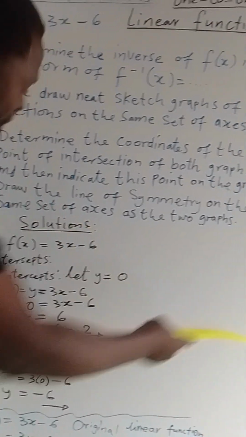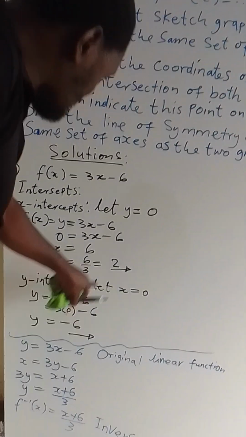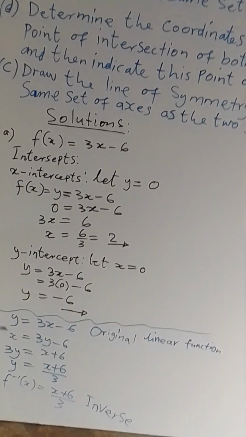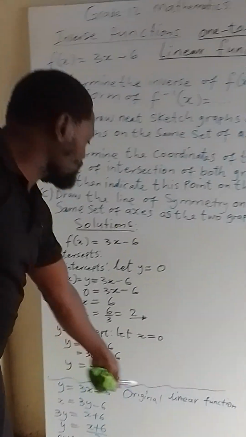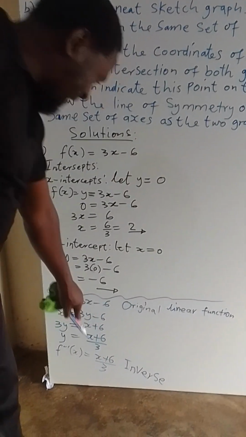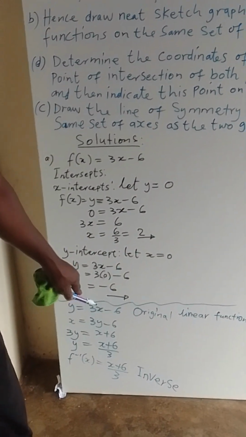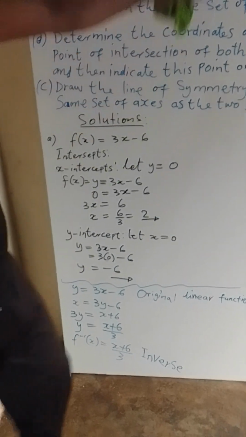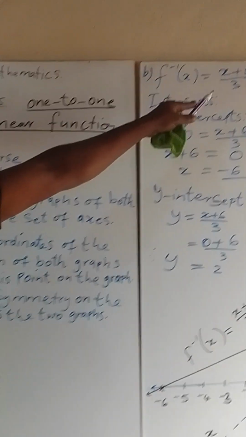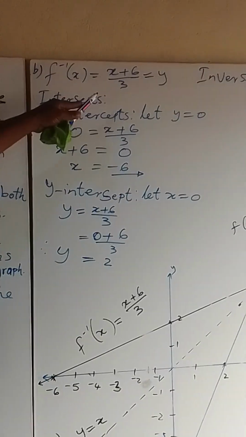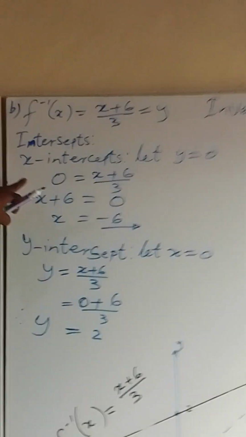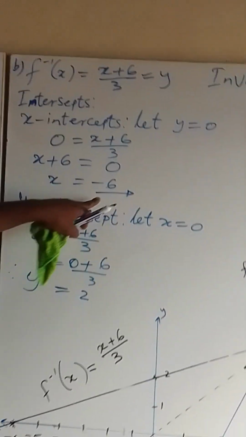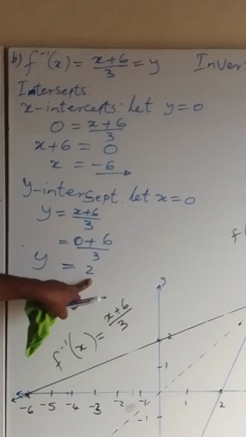You find that the values are x is 2, y is minus 6. You keep hold of those values, then you find the original function, then you invert it and change it into the inverse. You find that your inverse is (x plus 6) divided by 3. Then you start working on it as well. You find the values of x, you find that x is minus 6 and y is 2.